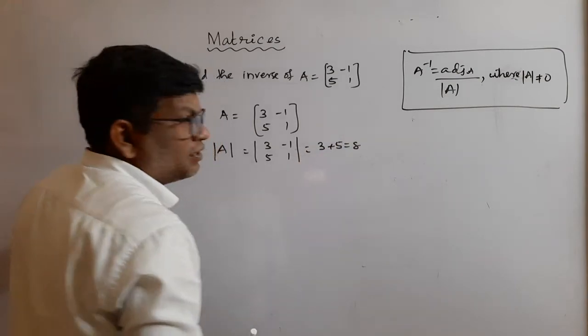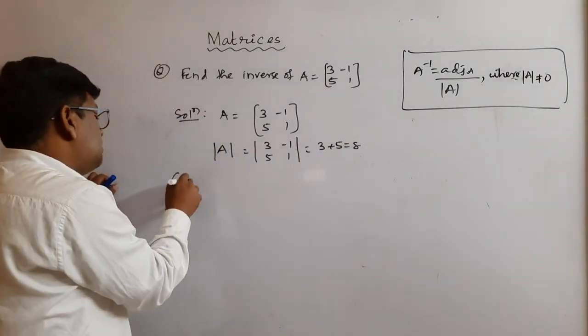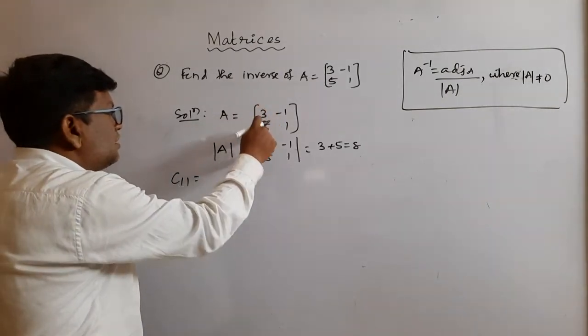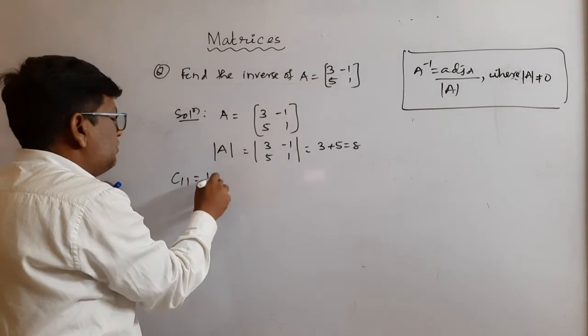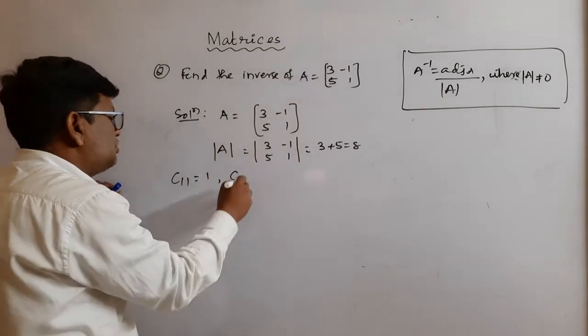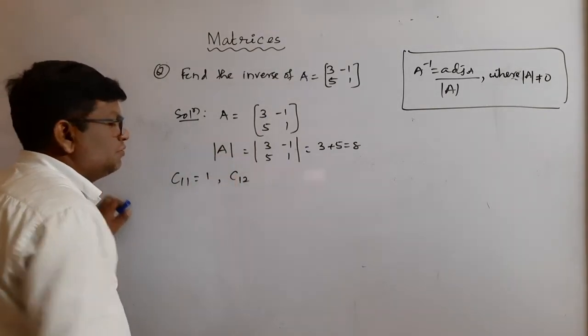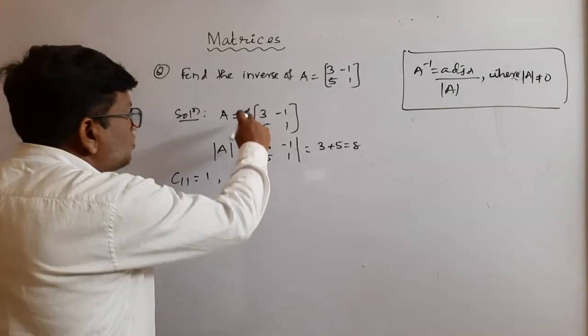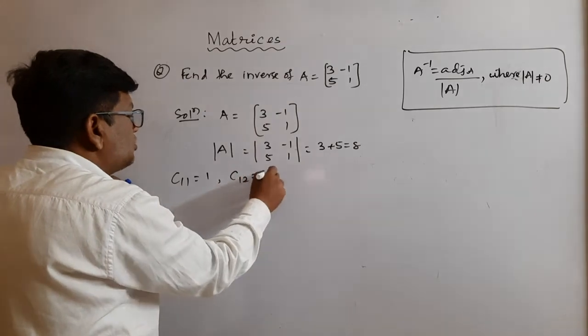Now find the cofactors. C11, 1 plus 1 is 2, even, so it is the first of the first column. Then C12, first row second column, is odd, so minus.